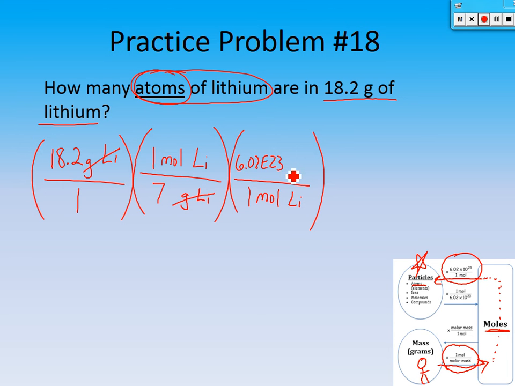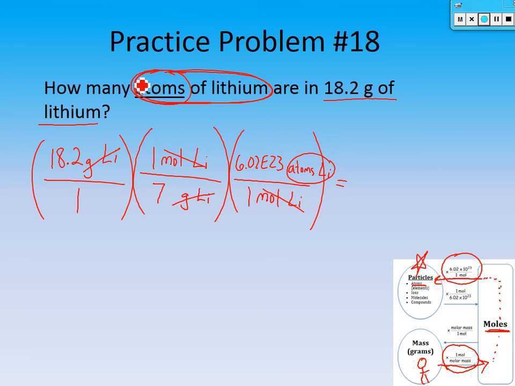Avogadro's number of what? Yeah, it's atoms. It could be any one of these things, though, right? So atoms of lithium. Okay, it goes on top. Now, my moles of lithium cancel out, so I'd like to see you cross those out. I'm left with atoms of lithium, and I can stop there because that's what it wanted.